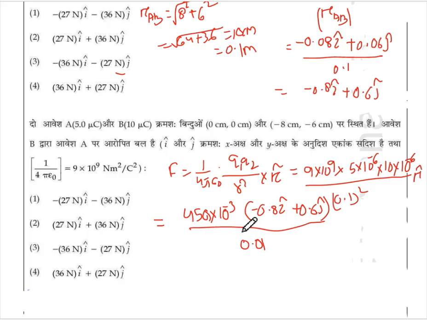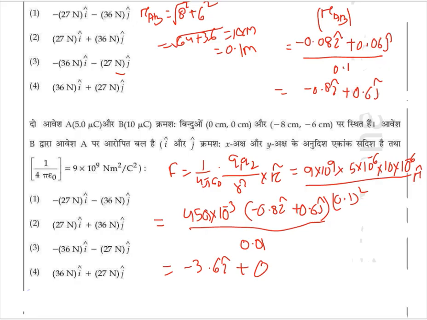So if I solve it, if I multiply inside, this 10 to the power minus 2 will go to 10 to the power 2, and this 0 and this one will cancel out. So directly multiplying with minus 0.8, it will become minus 3.6 I cap plus 0.6 j cap.